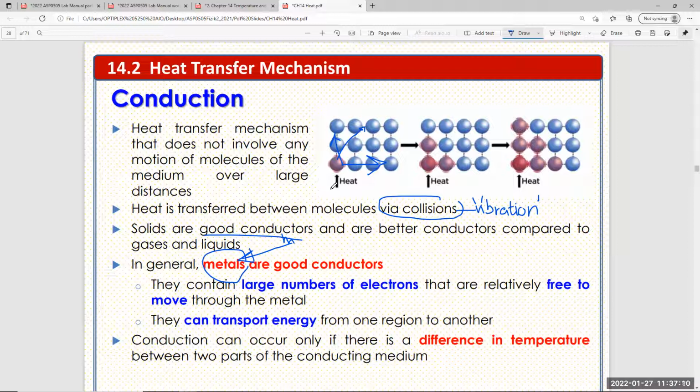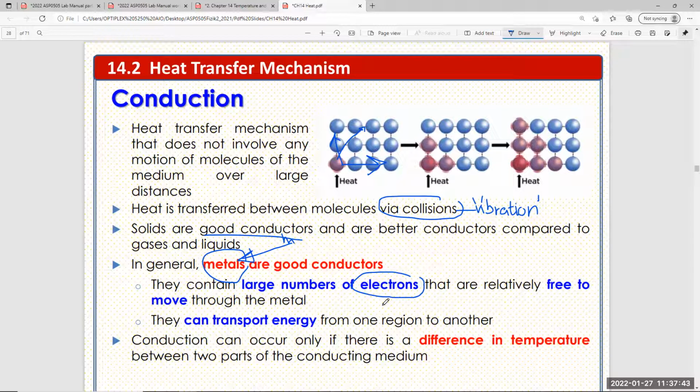We can see from our expansion that metal has a high coefficient of expansion. And one more reason why metals are good conductors is that the carriers of the energy are the electrons. The electrons are the carriers which can transfer the energy or the heat throughout the medium, our solid.